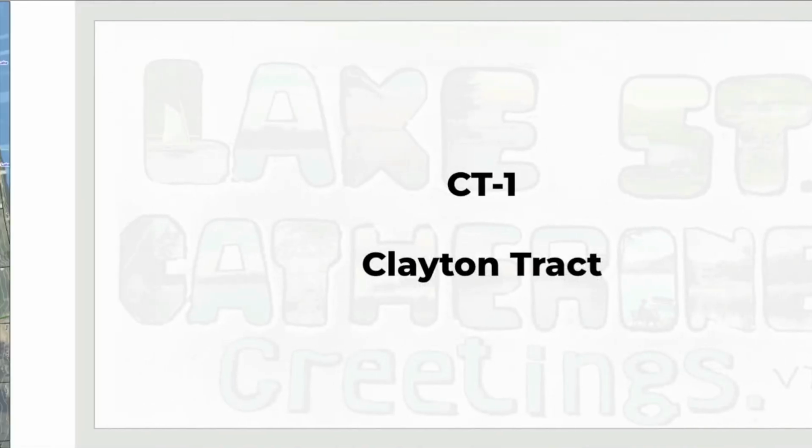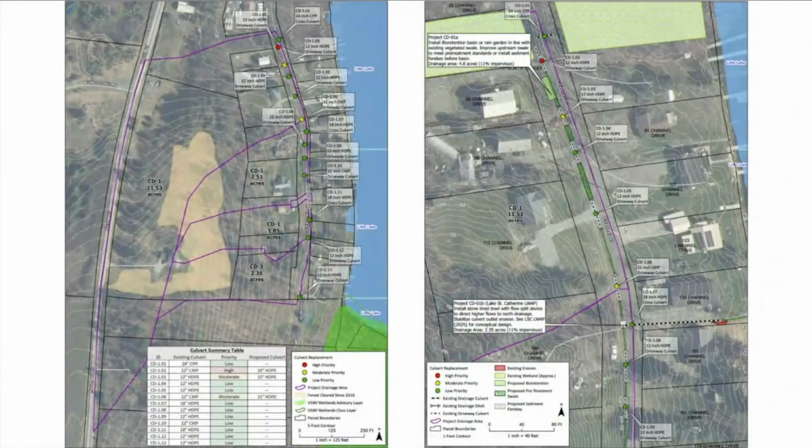So I think I'll move on from that because there's a lot to digest here, and if you want to get into it further. Eric, excuse me, I live on Channel Drive. Okay. I've been part of this with Hillary, etc. I just want to say my neighbor mentioned we need to crown the road so that the water goes into the culverts, which also need to be dug out.